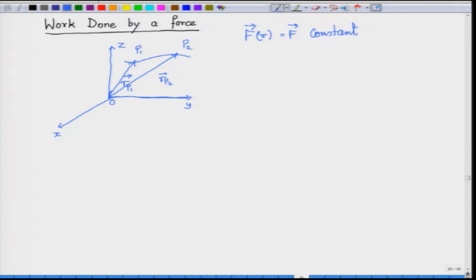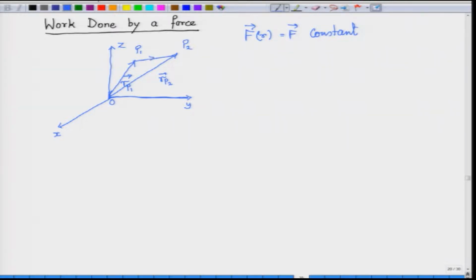Now, you might ask what happens if I go through a curve, then how do I really calculate the distance? Here is a crux which we cannot come to now, because this will lead us to something called the line integral. We will discuss it later on, and then work will be discussed in a much more detailed way. Let us assume that this has moved in a straight line between P1 and P2.